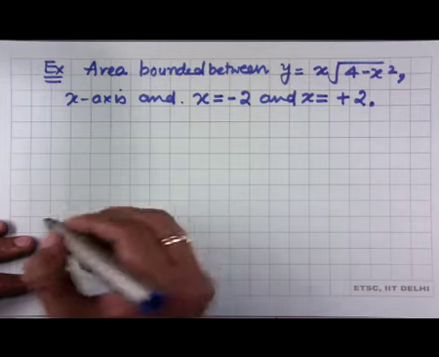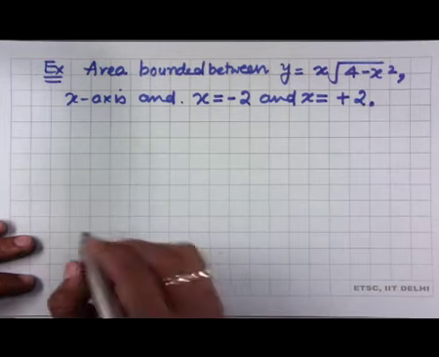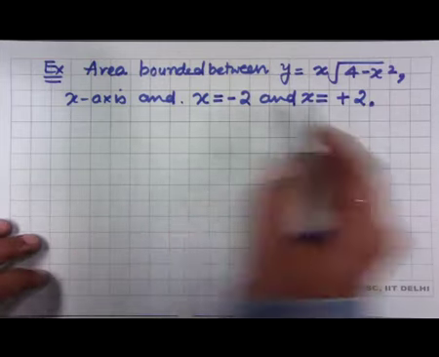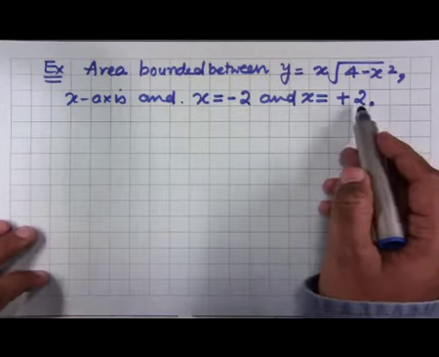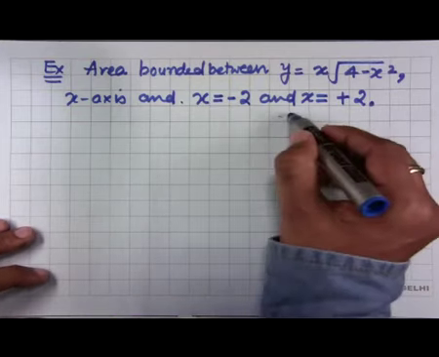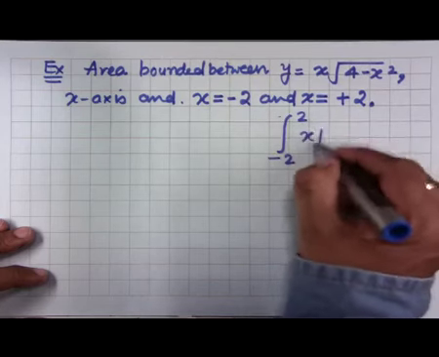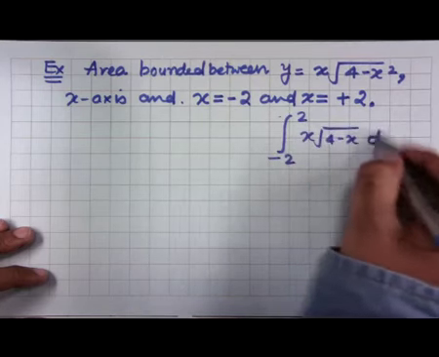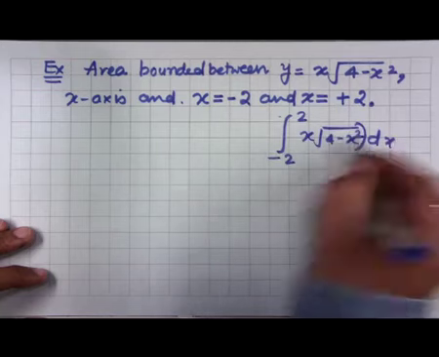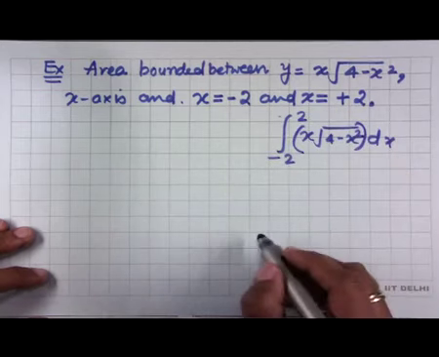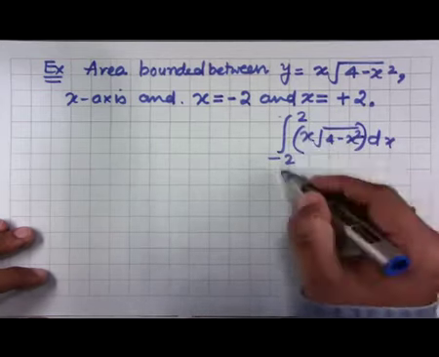So, at the very first instance it seems that since the area is bounded between minus 2 and 2, if you integrate x under root 4 minus x square dx from minus 2 to 2, you will get the value of the integral. But what will happen if you do that without plotting?